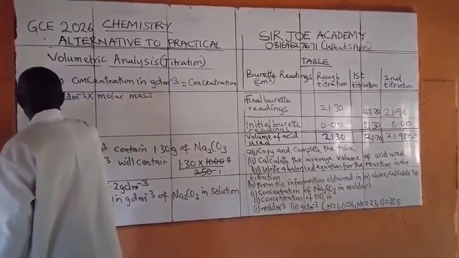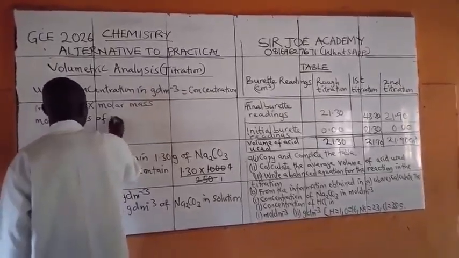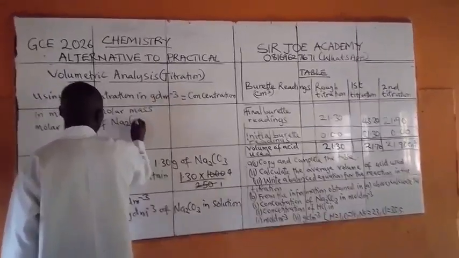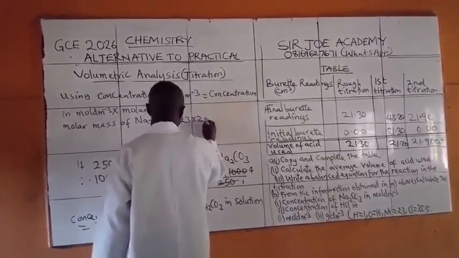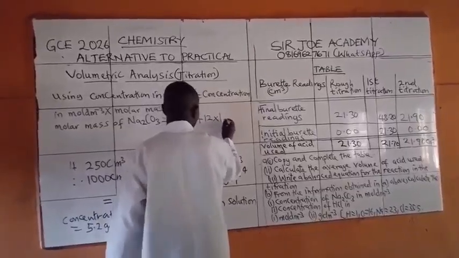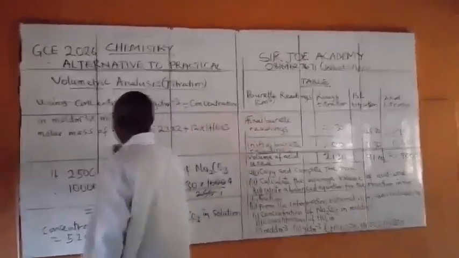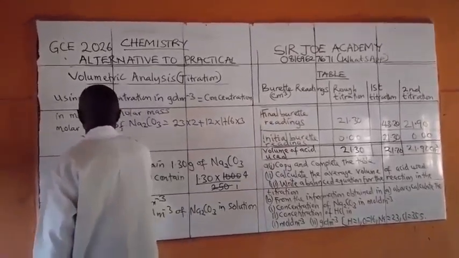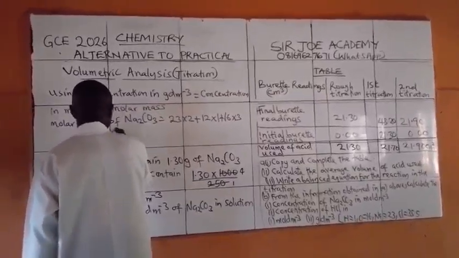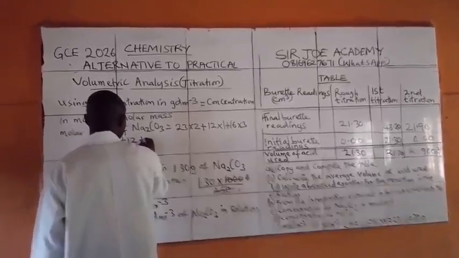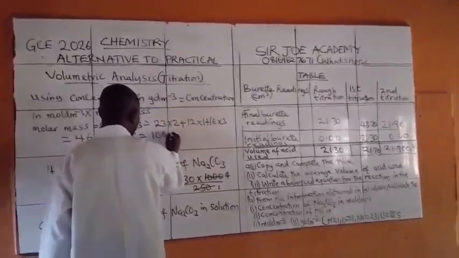But before that, we calculate the molar mass of Na2CO3, which is equal to 23 times 2 plus 12 times 1 plus 16 times 3, which is equal to 46 plus 12 plus 48, which is equal to 106.